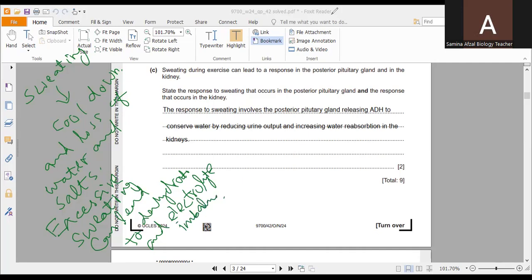So here the question is: state the response to sweating that occurs in the posterior pituitary gland and the response that occurs in the kidney. The response to sweating involves the posterior pituitary gland, the gland which is present in the brain. It secretes a hormone, ADH, antidiuretic hormone.